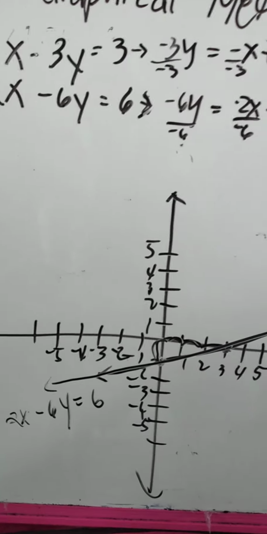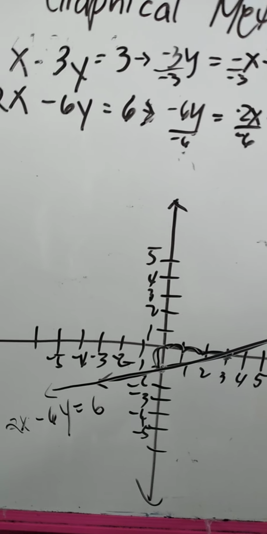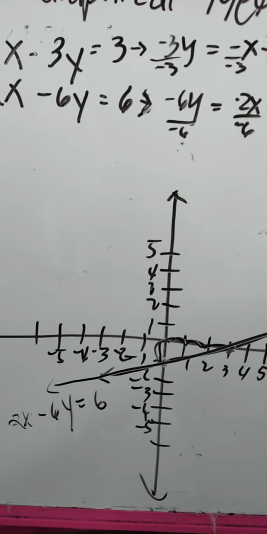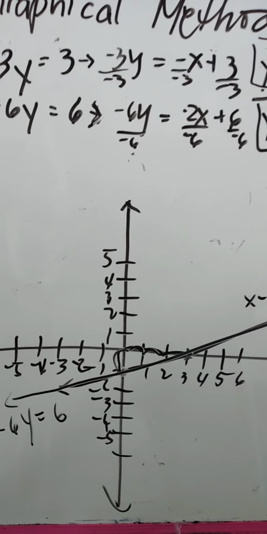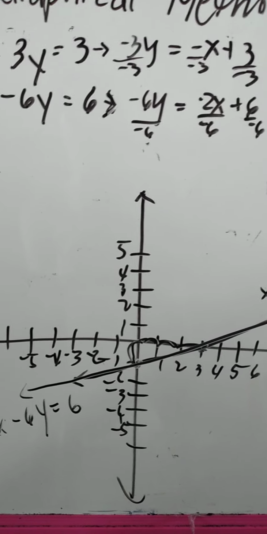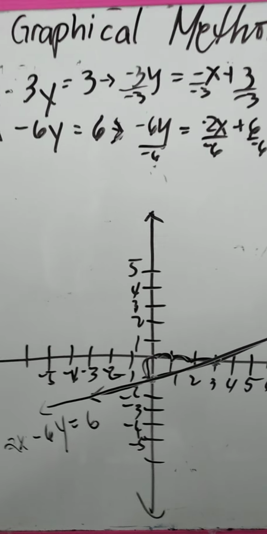Okay? But if the slopes of your equations are not the same, automatically you can say they are intersecting. But if the slopes of the equations are the same, check the b or the y-intercept.